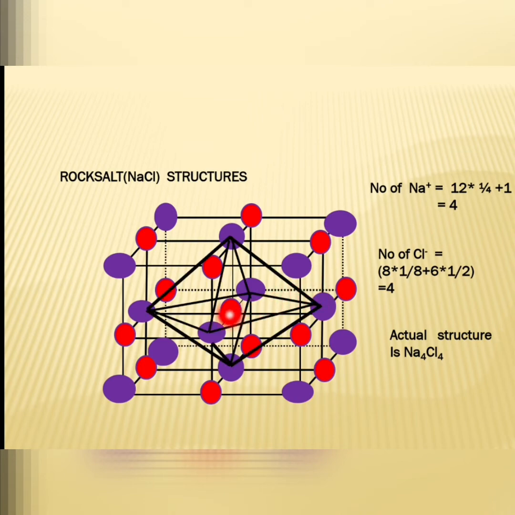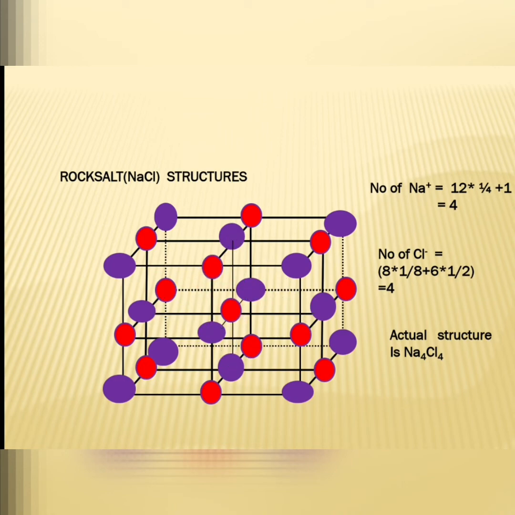Consider this body centered Na plus ion. Its nearest neighbors are 1 2 3 4 5 and 6. It sits in an octahedral void formed by Cl minus ions, so the coordination number of Na plus in the rock salt structure is 6.